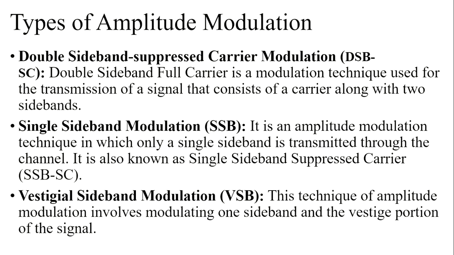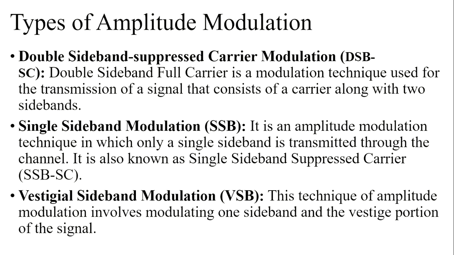Double sideband suppressed carrier modulation is a technique used for the transmission of a signal that consists of both the lower sideband and the upper sideband, with the carrier suppressed. Second is single sideband modulation, a technique in which only a single sideband is transmitted through the channel.